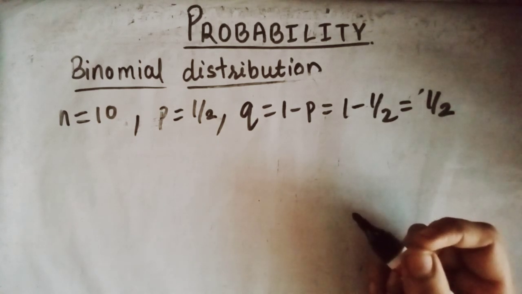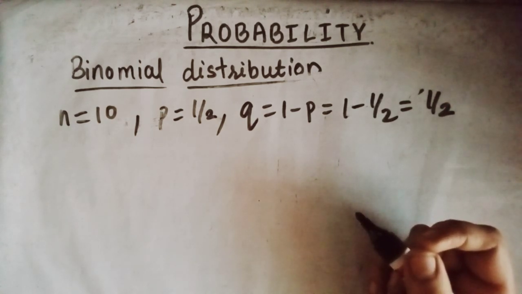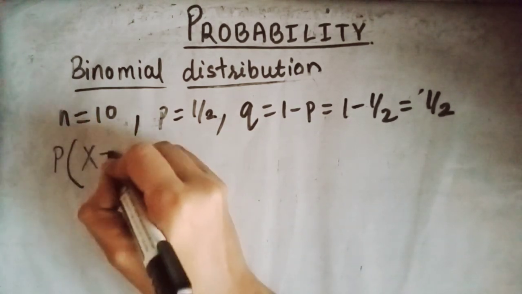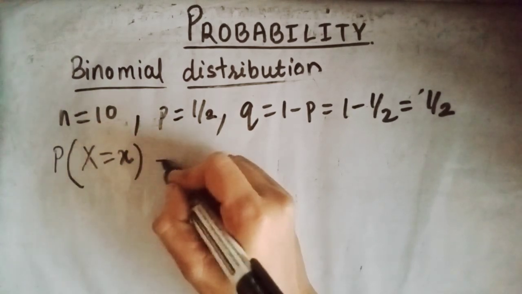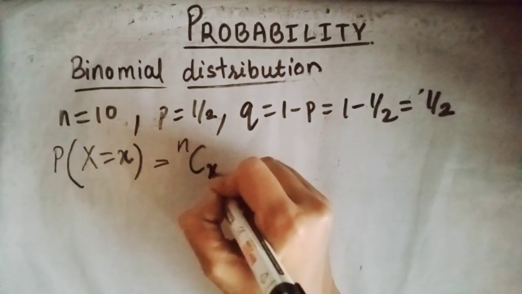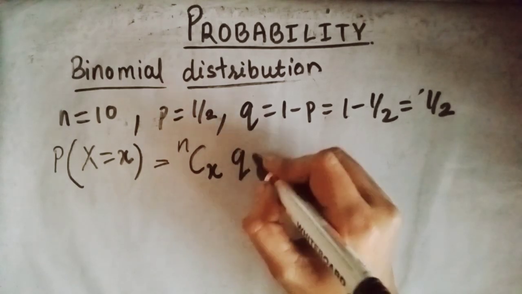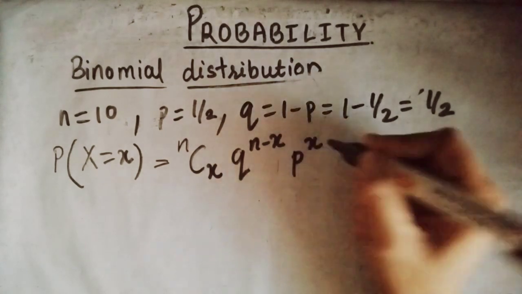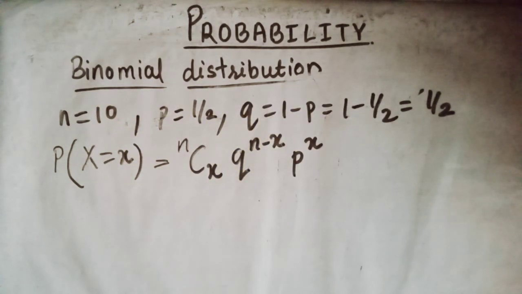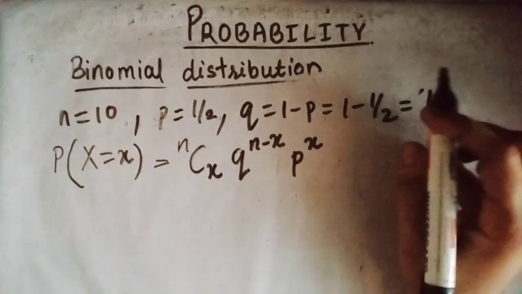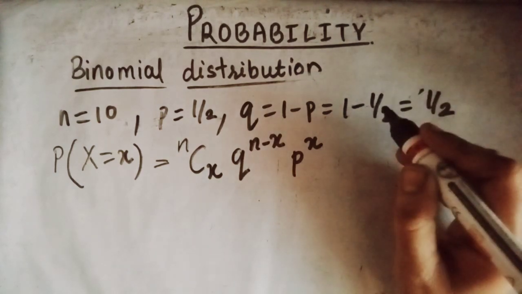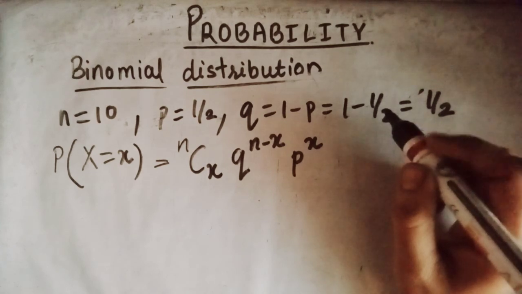Now we'll use that formula, that is p of x equals n c x, q raised to n minus x, p raised to x. Here we want x.